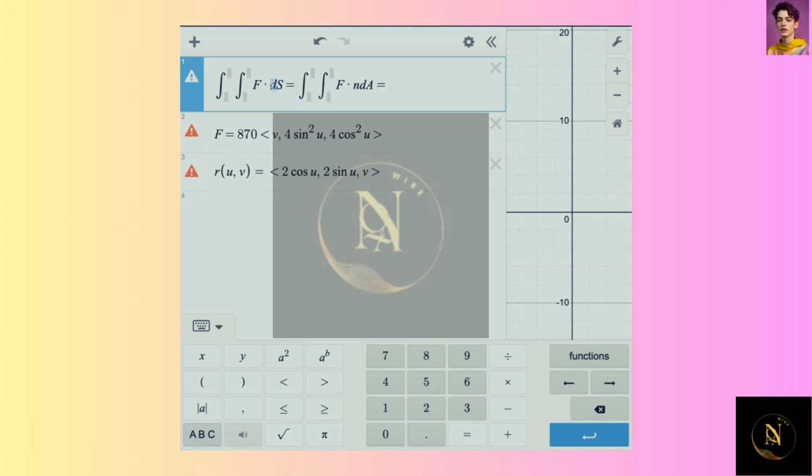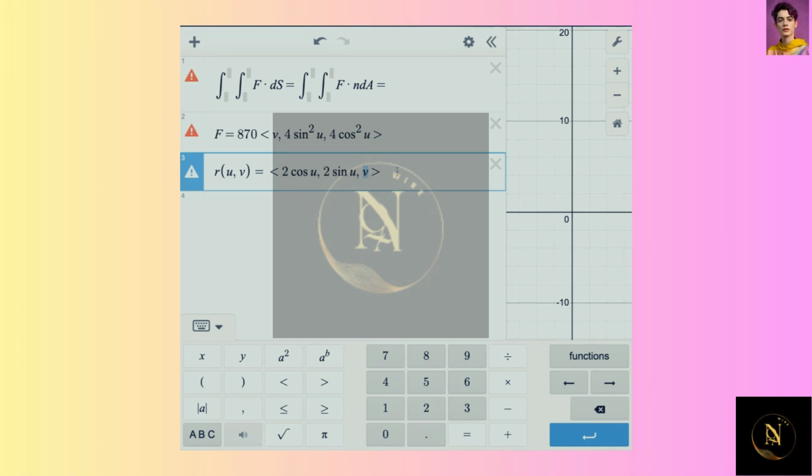So finding the normal vector, when we parametrize the cylinder and take the partial derivative of r with respect to u, we end up getting negative 2 sine u and a positive 2 cosine u, and 0.